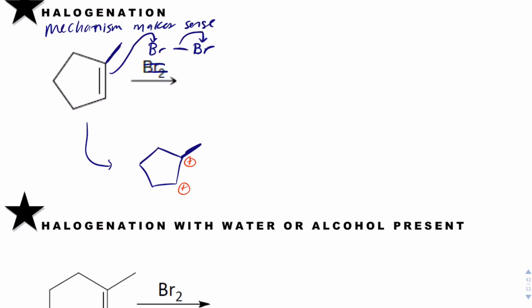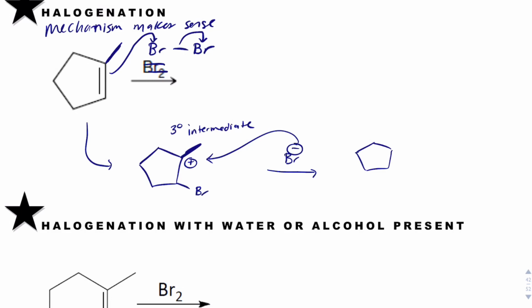And so the answer should be that we want to put the bromine on the bottom carbon because that'll put a positive charge on a tertiary carbon, and that is more stable. That Br minus, that was the leaving group, is still around, and it comes back in a nucleophilic attack and is going to add on to where that positive is. So this essentially adds bromine across a double bond.